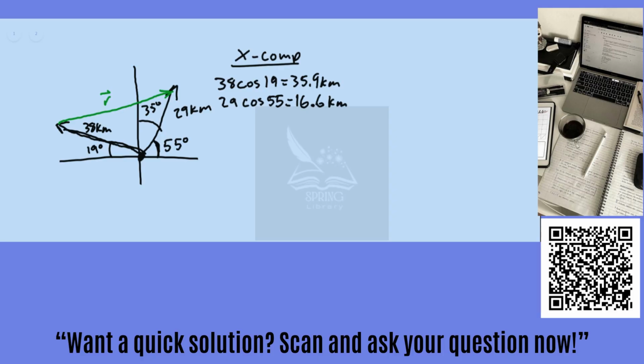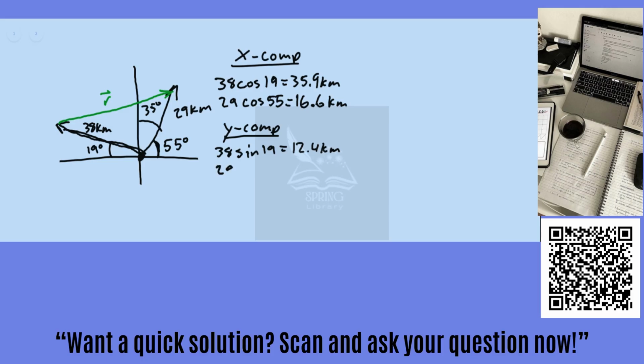We're going to do the same thing for the y components. Find those. All right, so 38 times the sine of 19 degrees gives us 12.4 kilometers.